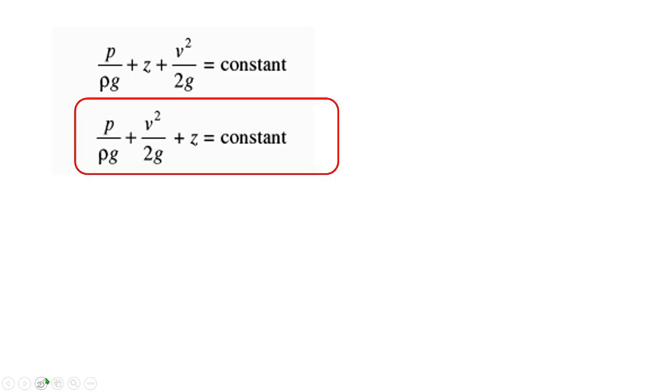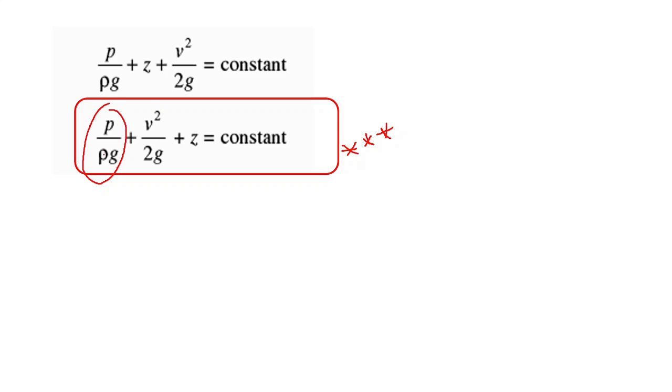This is called Bernoulli's equation. This is also a very important formula in this chapter, Euler's equation and also Bernoulli's equation. p by rho g plus v square by 2g plus z is equal to constant. Here each and every term has a significance.